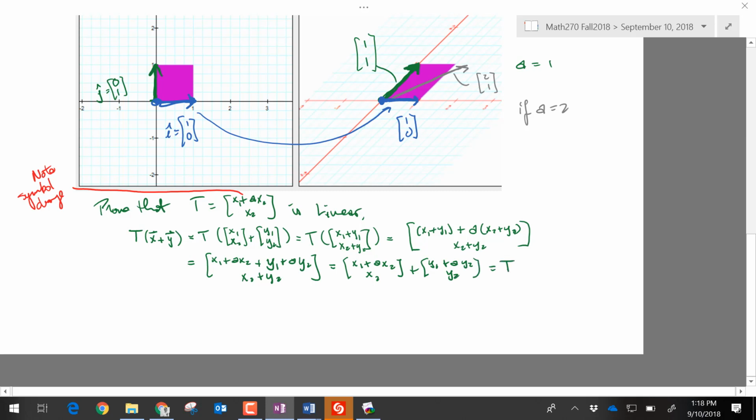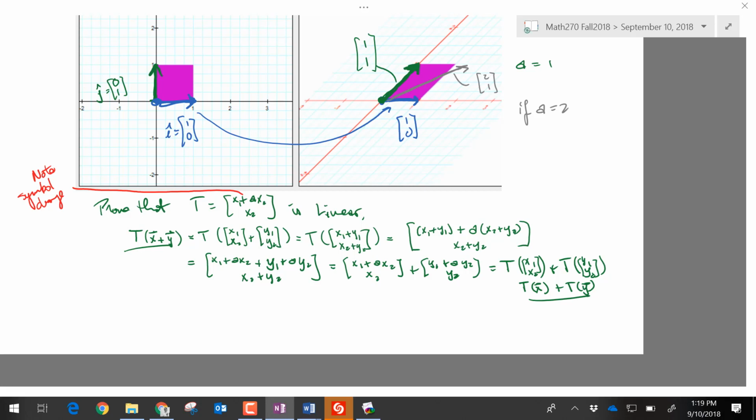And this happens to be equal to the transformation at x1, x2 plus a transformation at y1, y2, which is T of x plus T of y. And from the starting to the ending, we see that our first criterion is satisfied.